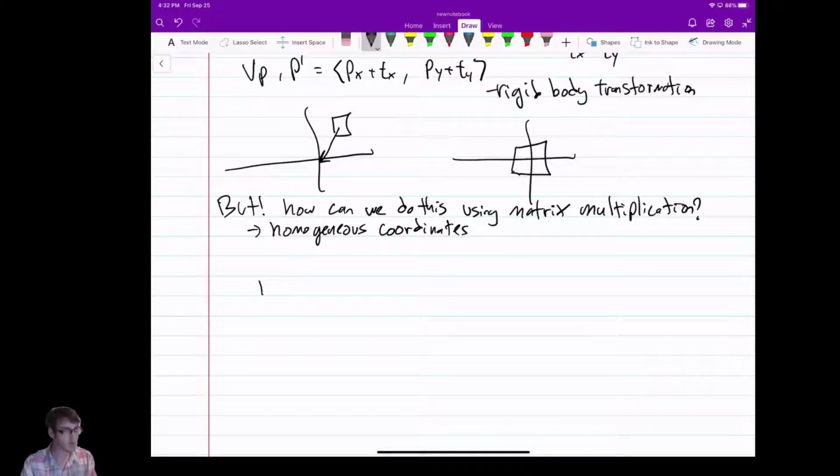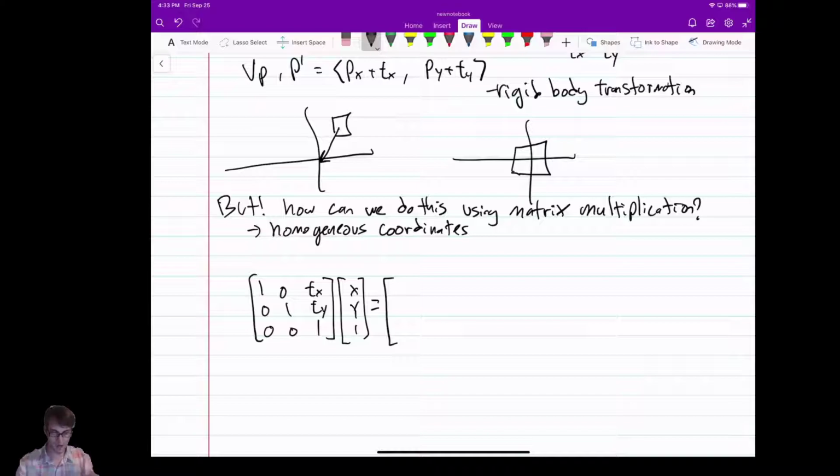So 1, 0, tx, 0, 1, ty, 0, 0, 1. That's a translation matrix. So we do that, and let's work it out. X, y, 1, or w, doesn't matter. Let's assume it's 1. Okay, so 1x plus 0y plus tx times w.